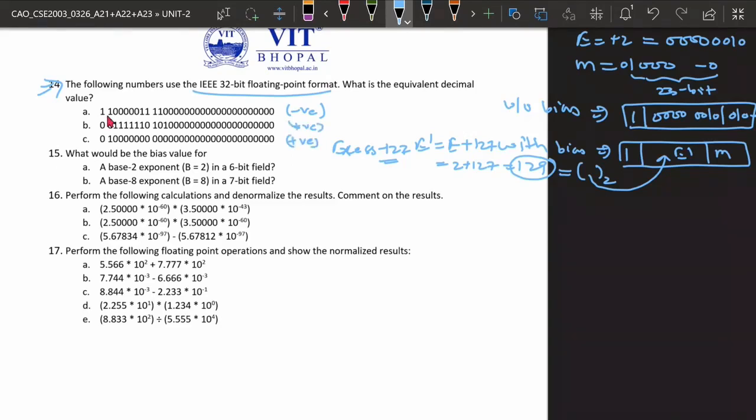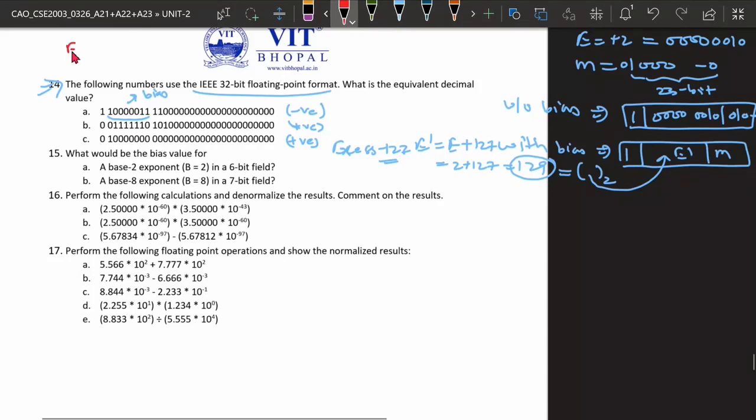Also, whenever the number is given, you need to consider it as given in bias form, like it is given in excess 127 form. So if it is excess 127, whatever the exponent is there, that exponent is e dash. You need to subtract to find out the exact exponent.